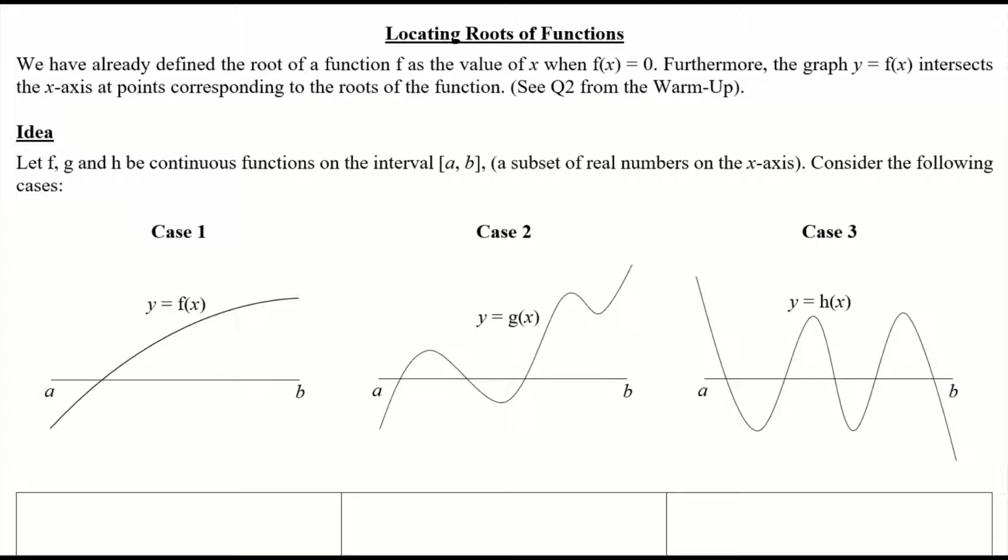So what we've done is, because we've defined what a root is, we can have a look at what actually happens in a particular interval of a function. Now if we have a look at this main idea, we have three cases presented to us, and we have three different functions, f, g, and h, and we have the same interval [a, b]. I'll just remind you of what [a, b] actually means with the square brackets.